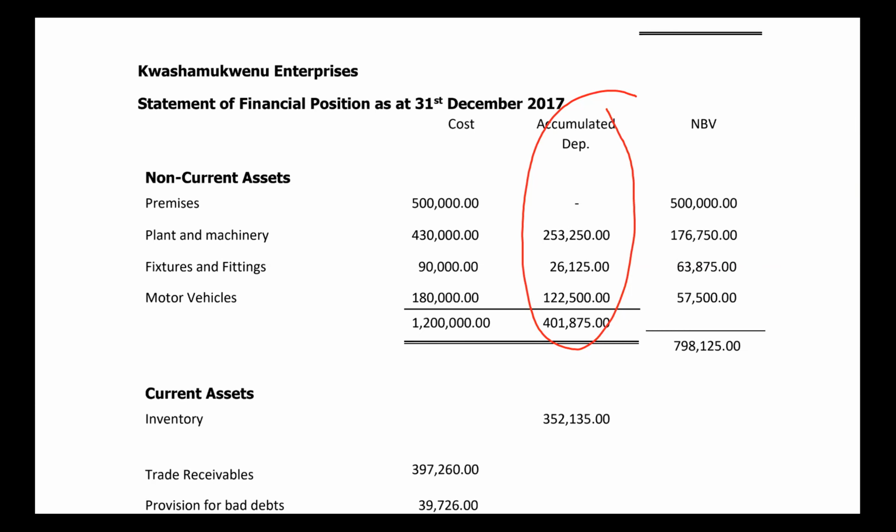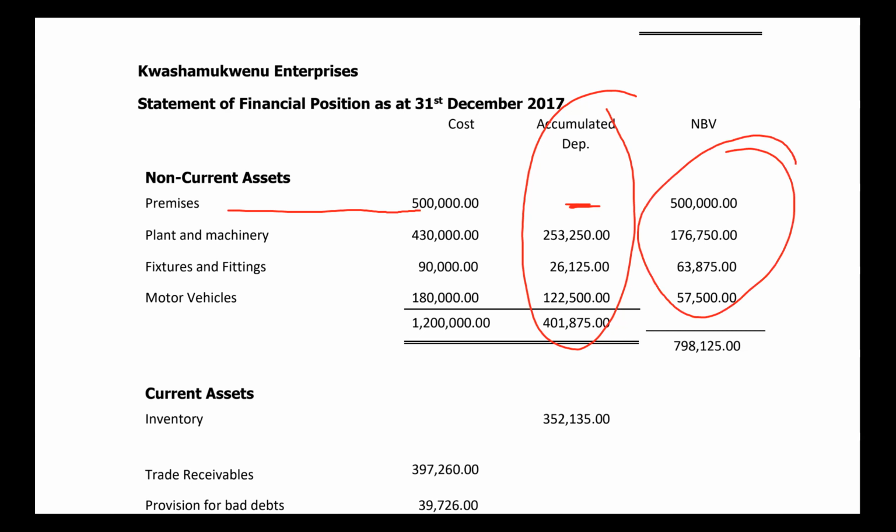Check that the premises don't have depreciation. That's why they are just here. There was nothing to be subtracted. So this is what happens when I say you consider the accumulated depreciation in the balance sheet. You add both the depreciation in the profit and loss plus the one in the trial balance. Then you subtract it from the cost, you get the net book values.